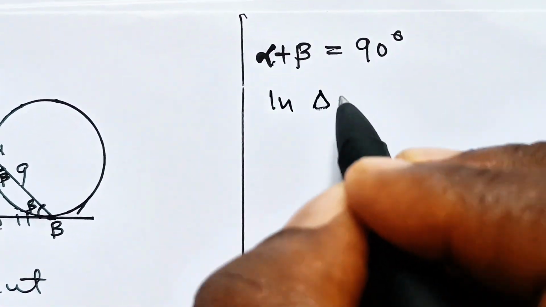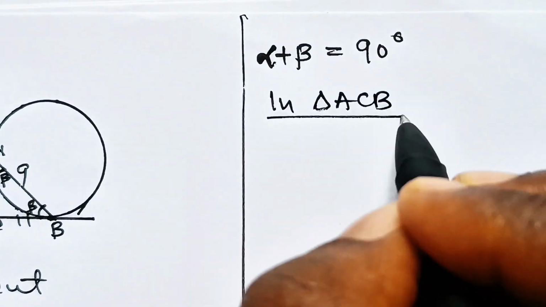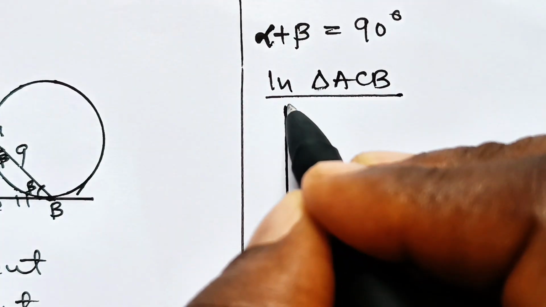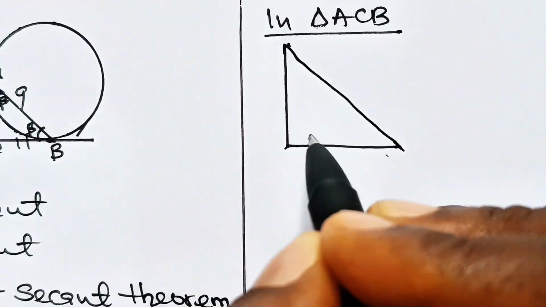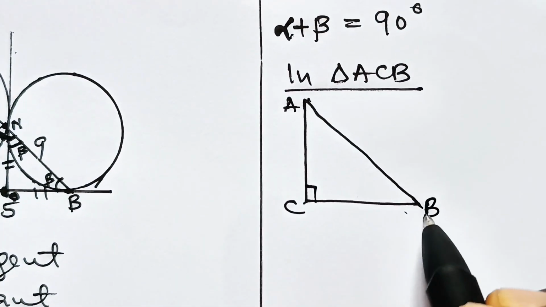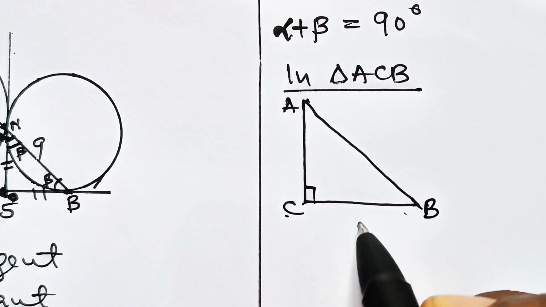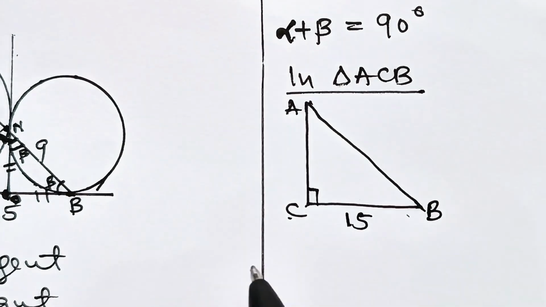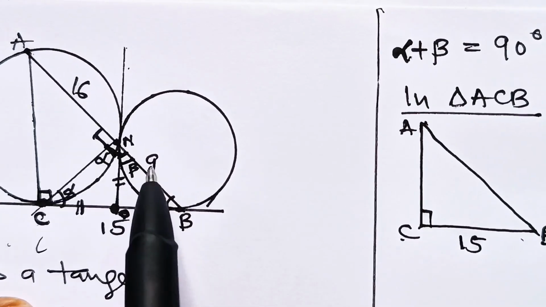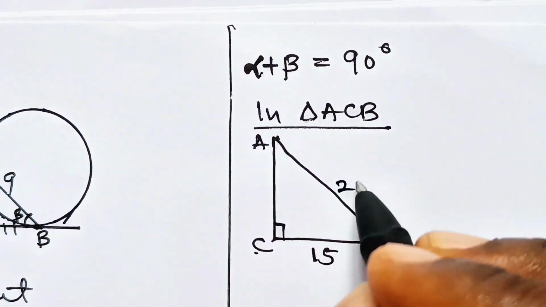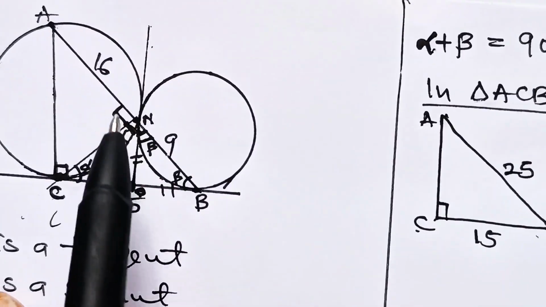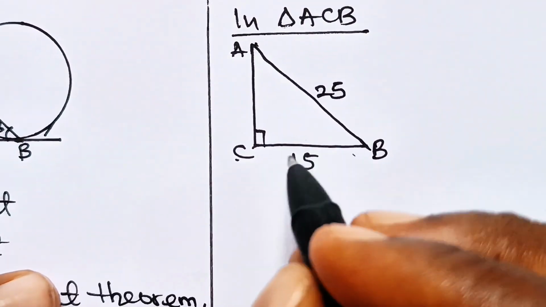Let's draw that. This is A, this is C, and this is B. CB is 15, you can see that. Then AB is 16 plus 9, which is 25. And AC is unknown. We don't know it yet.